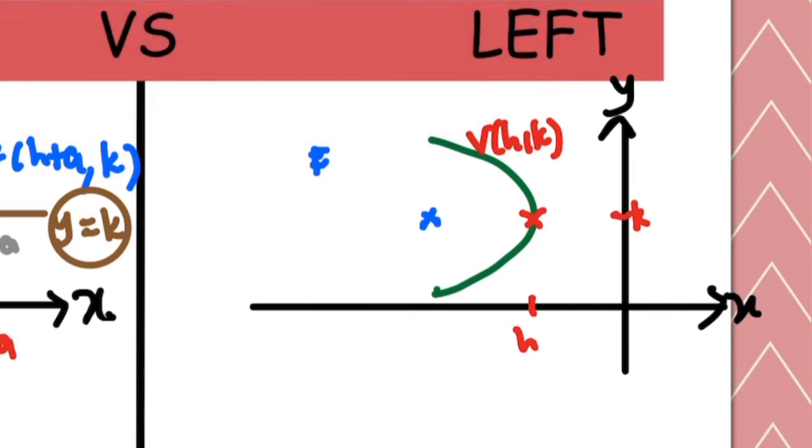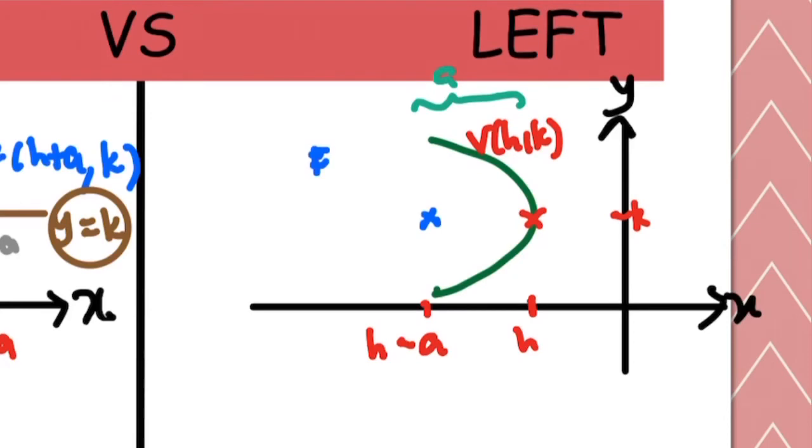So how about the coordinate? We must be aware that the distance between the focus and vertex here is as much as a. Therefore, what happened to your coordinate right now? You have gone to the left. From h here, you have gone back to the left.